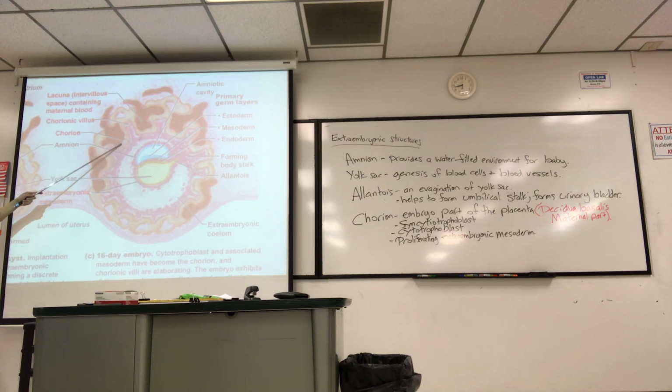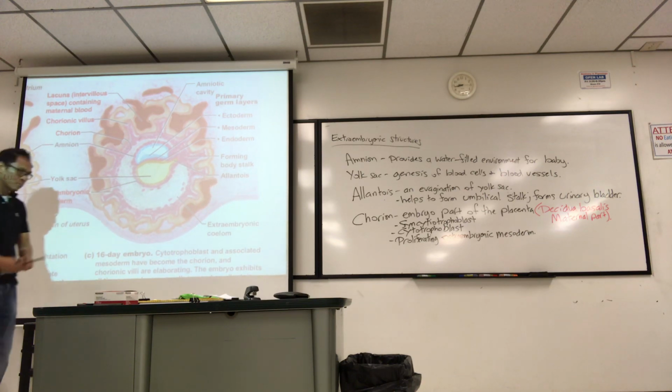Right here. So you can kind of see why that would be the baby part of the placenta, because the mom's blood is right there. That's something else to know. By day 16, you have lacuna filled with maternal blood. That's shown quite nicely. Write that down.